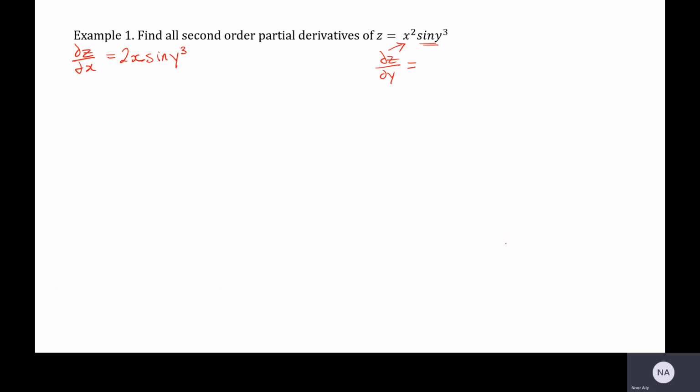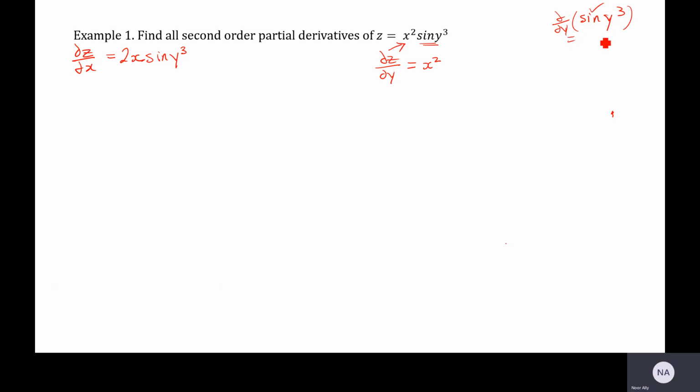Let's find partial dz dy. Now x squared is the constant. Put the x squared down. And now find the derivative of sine y cubed with respect to y. And there I'm going to use the chain rule.